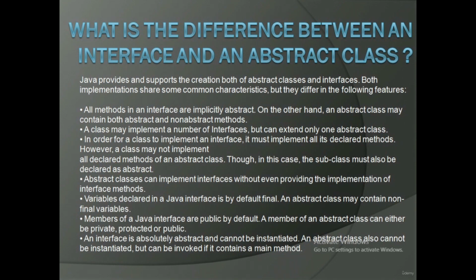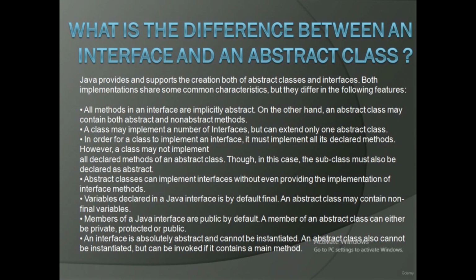However, a class may not implement all declared methods of an abstract class, though in this case a subclass must also be declared as abstract. Abstract classes can implement interfaces without even providing the implementation of interface methods.